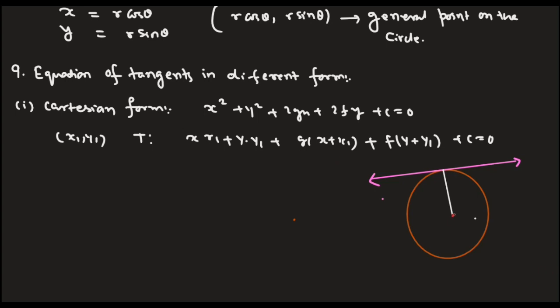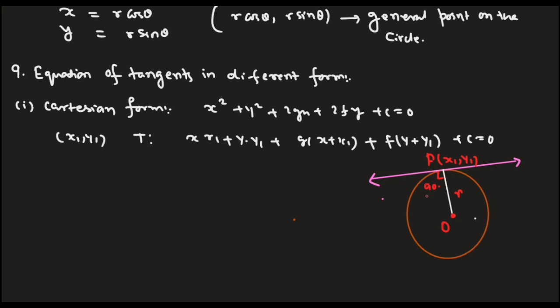Consider this is the center of the circle, and this point P passes through (x1, y1) which is on the circle. You know that the radius and the tangent at the point of contact are inclined at 90 degrees.